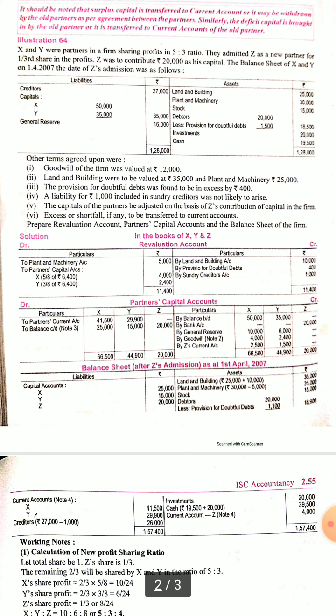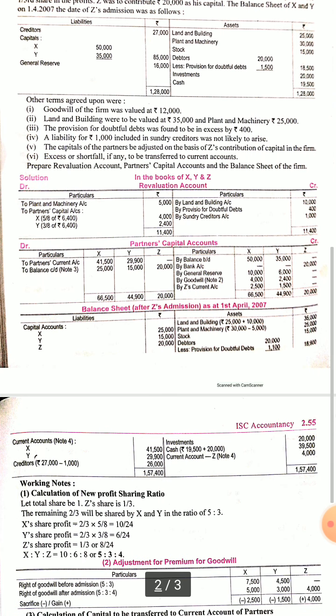So at first you have to make the revaluation account. In the revaluation account, plant and machinery is decreasing, so we have debited the revaluation account by plant and machinery. Again, land and building's value is increasing, so we are crediting the revaluation account. Again, the creditor and provision for doubtful debts both are decreasing, so we will credit the revaluation account.